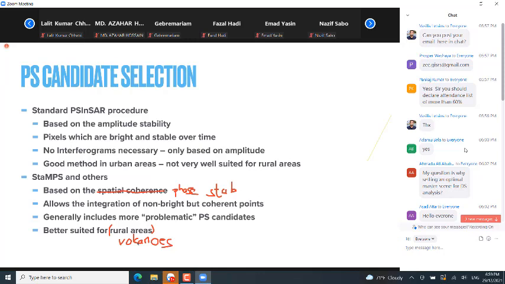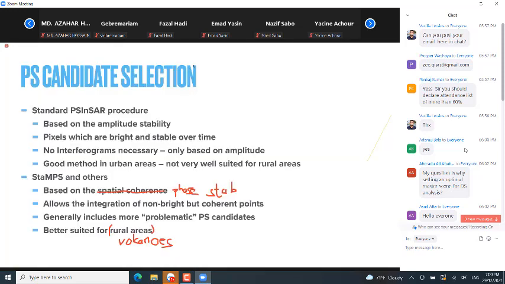So actually for StaMPS, it's not really very well suited for rural areas because that still implies vegetation. It can be good for rural areas in terms of grassland, grazing areas, herding areas, where you have very thin vegetation, not like wheat fields or something like that. That would be too strong in terms of vegetation. Anyway, we come to that.